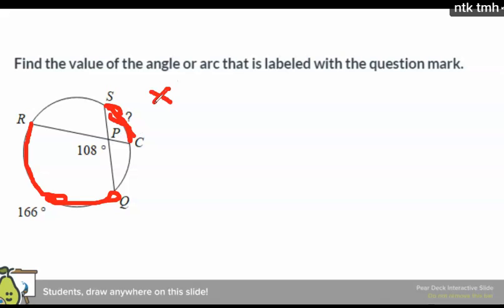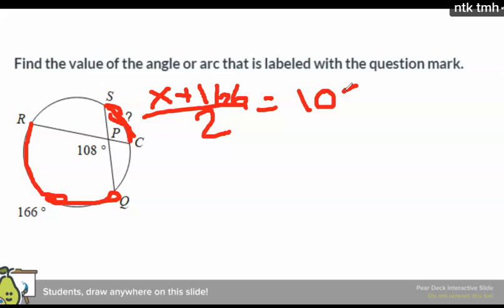It would be x, because we don't know this one. So x plus 166 divided by 2 is going to equal our angle. Notice it's no different than what we just looked at; it just gives us different numbers. It already gives us what was the answer for the last one, and it's looking for something different. So we've got x plus 166 divided by 2 equals 108.